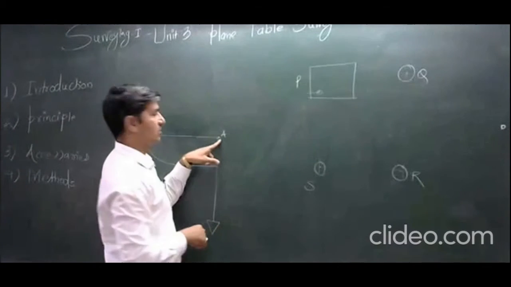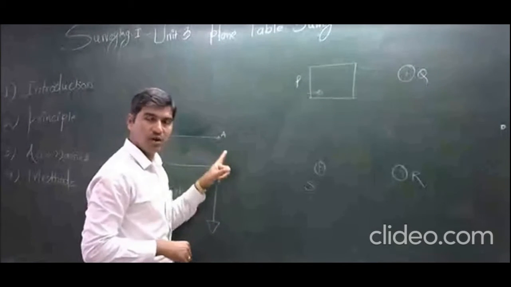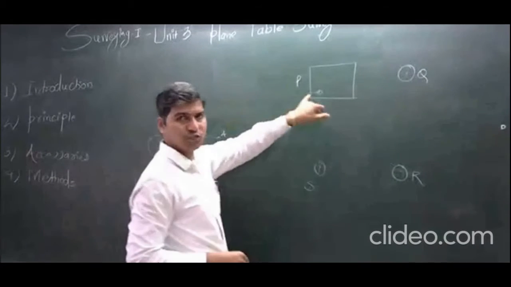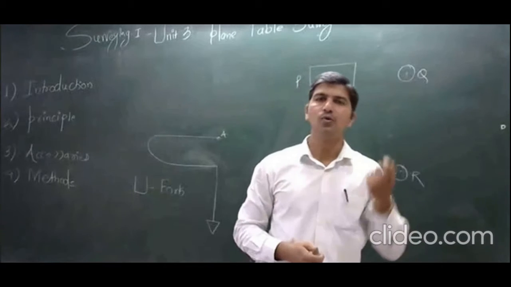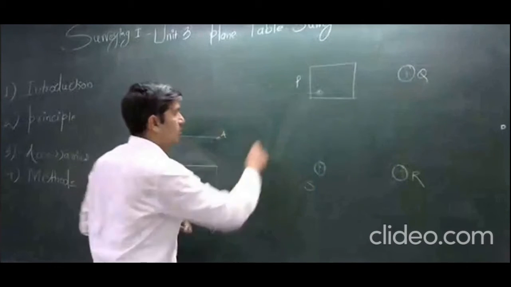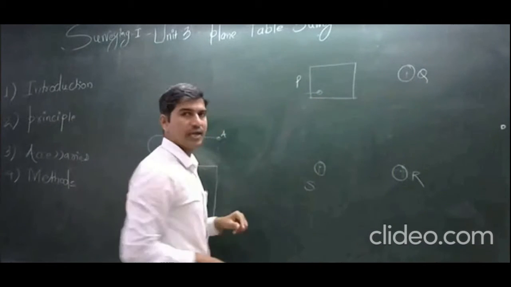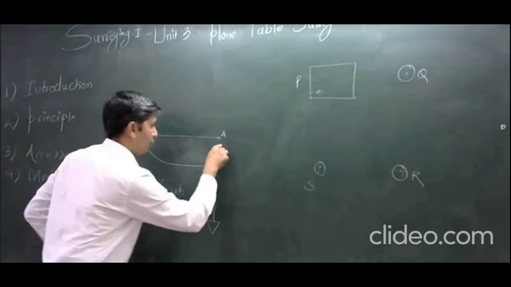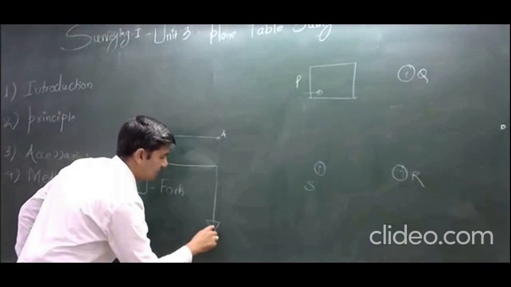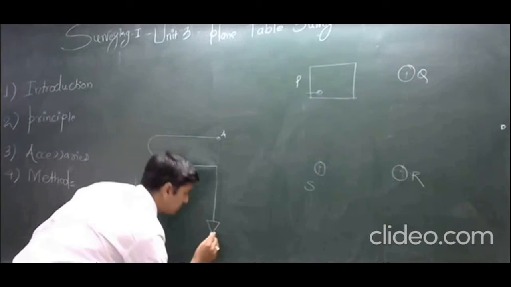So the point touching here will represent the point on the drawing sheet. It has a sharp edge and looks like a small point, and the same point represents the point on the ground surface.